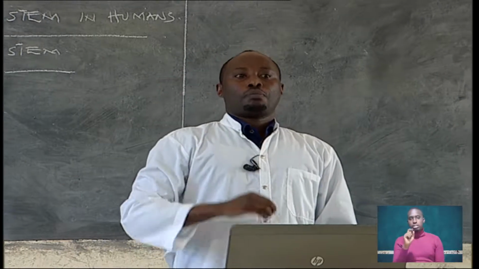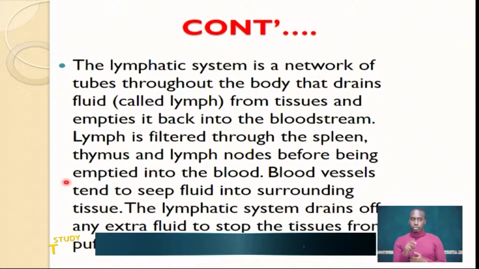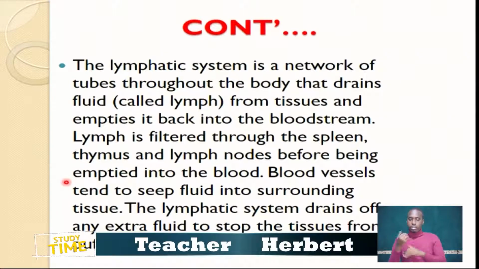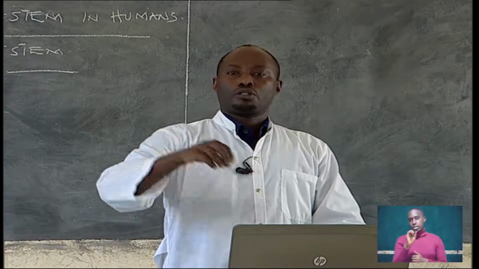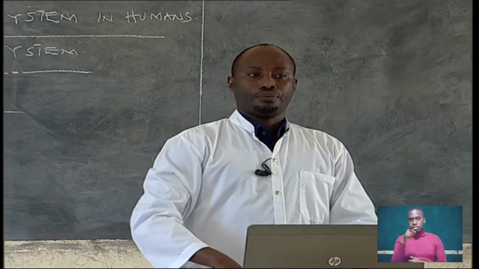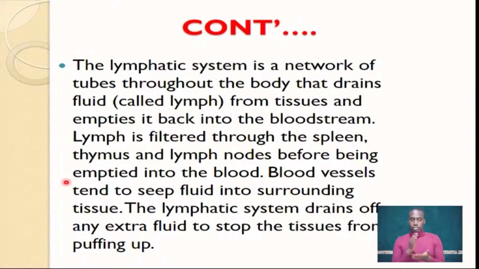Blood vessels tend to leak fluid into the surrounding tissues. The fluid must be swept out into the surrounding tissues because the tissues need this fluid. And the lymphatic system drains off any extra fluid and stops the tissue from puffing up.